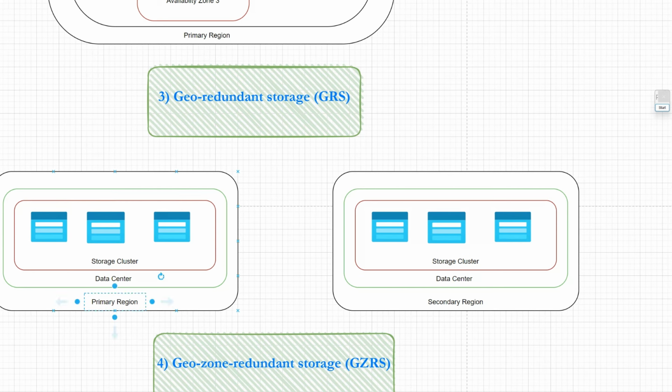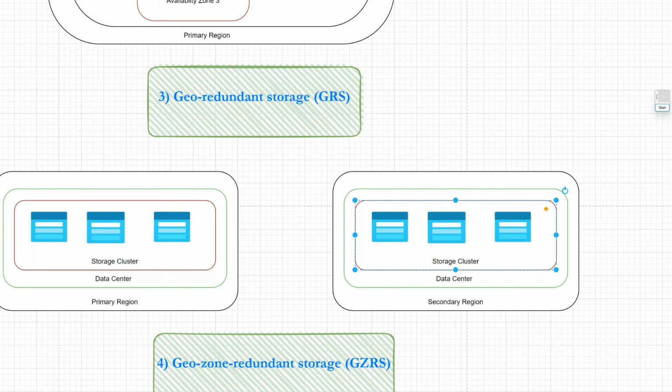So this is our primary region, in our case, it's East US. In that data center, it has replicated your data 3 times synchronously, and despite this, it also replicates your data into a secondary region 3 times within the same data center. This is how this GRS functions.